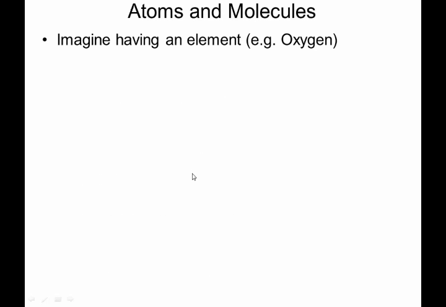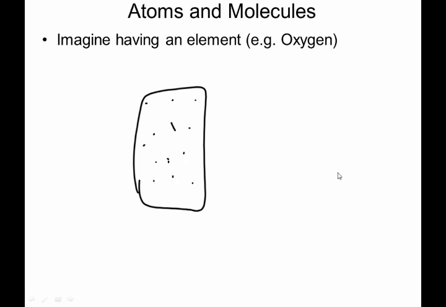Okay, so if we have one element, oxygen, if I had a big tank of oxygen, there's actually lots of oxygen molecules here. But oxygen has a certain set of properties.